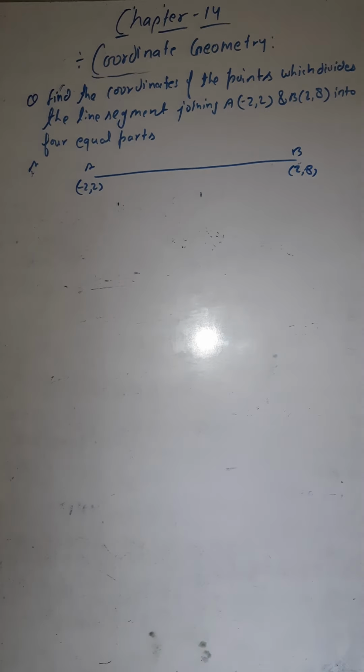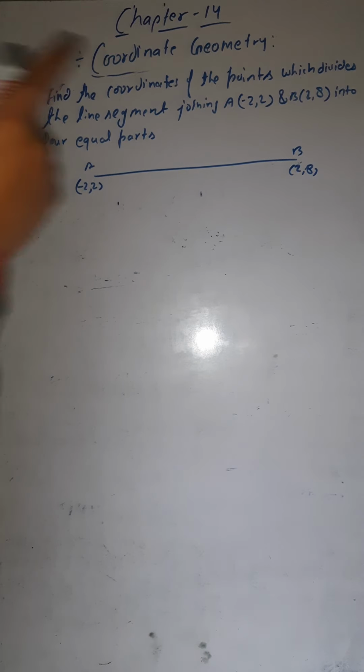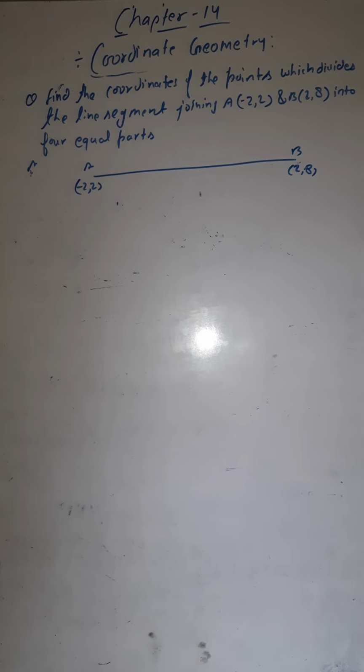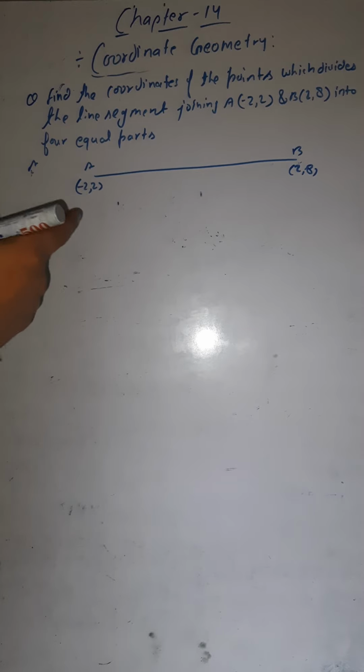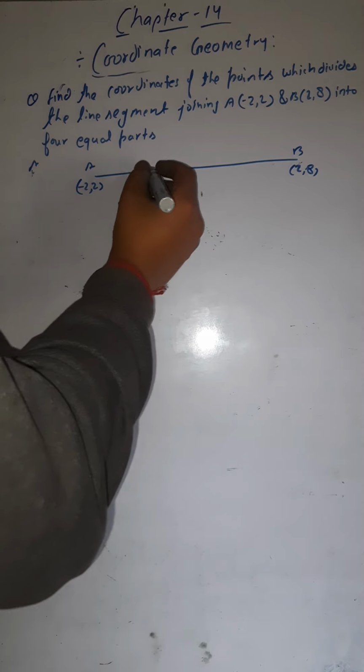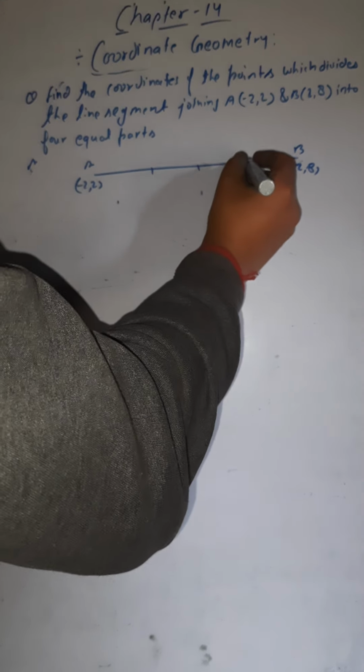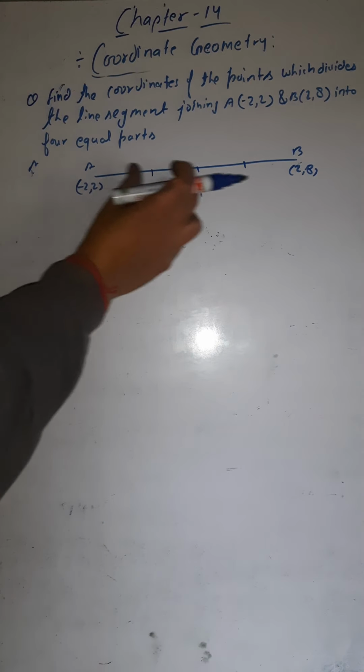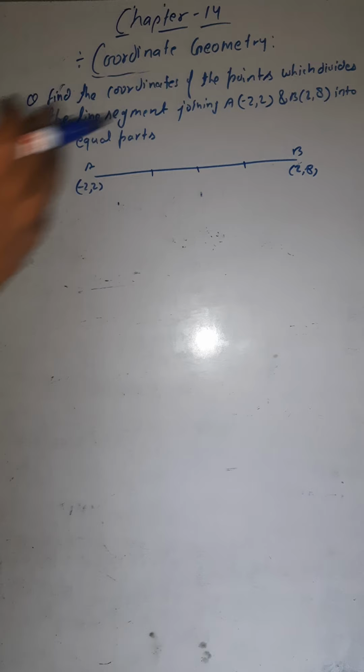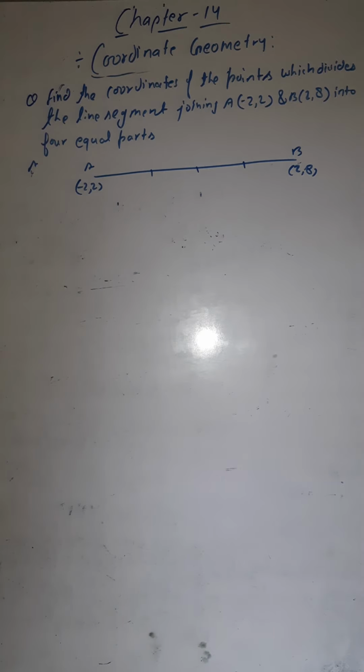Now you have to find the coordinates of the points which divide this line segment into 4 equal parts. How would this line segment be divided into 4 equal parts? You would take 3 points: 1, 2, 3. Now the parts: 1 part, 2 part, 3 part, 4. This is how you get 4 parts of the line segment.